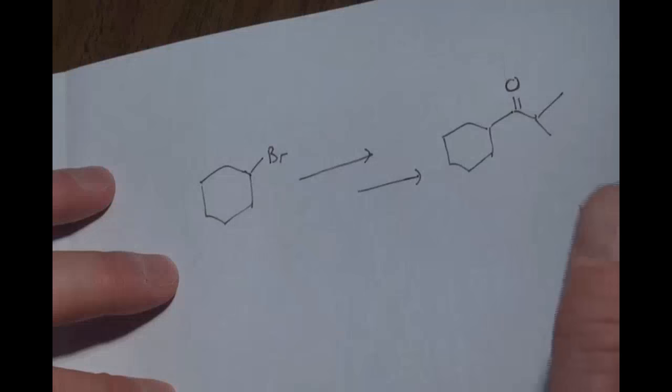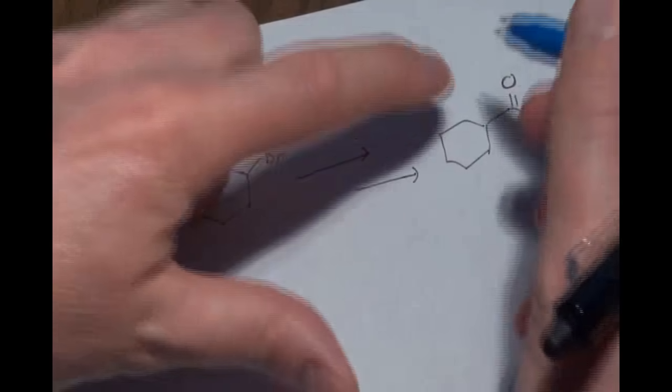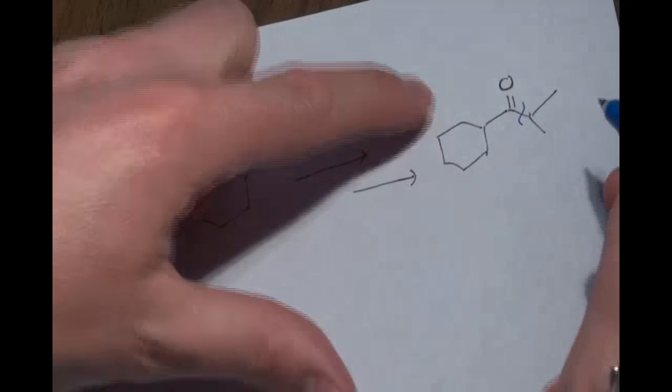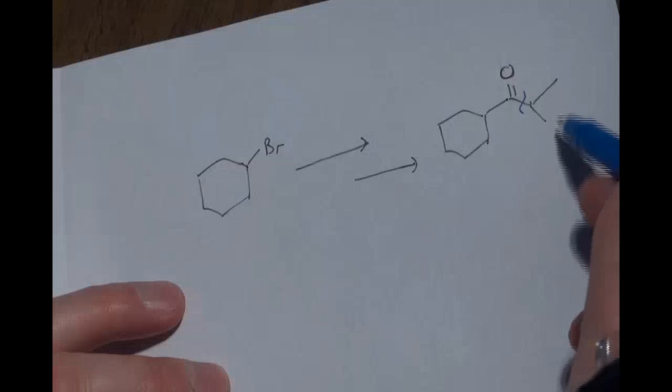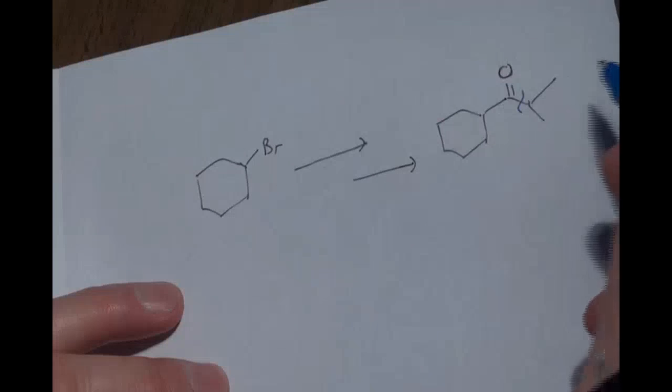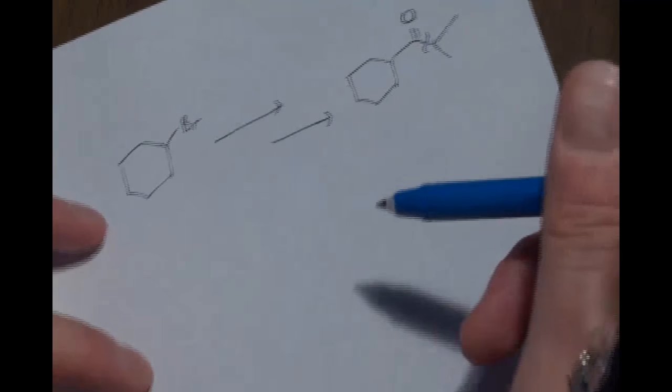How would you accomplish this? Well, we know now how to make ketones by addition of something to a nitrile, maybe addition of isopropyl Grignard to a nitrile. And then we also know how to convert bromides into nitriles. So this is really straightforward.